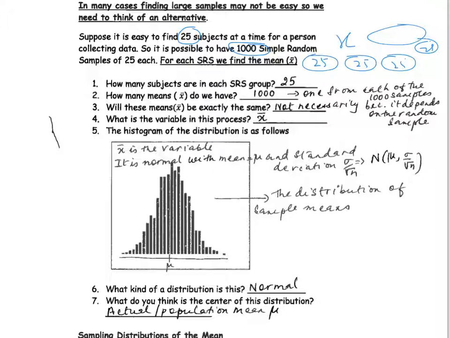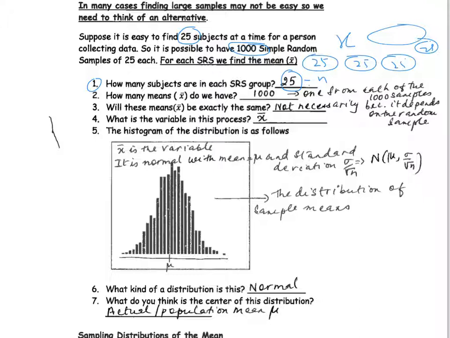So if we have 1000 independent samples and each contains exactly 25 people, the first question is, how many subjects are in each simple random sample? Remember we said let's select samples of a fixed size, which is 25. So each sample contains 25 people.